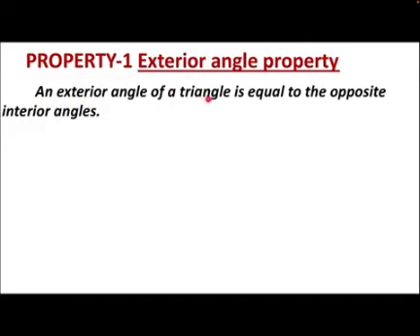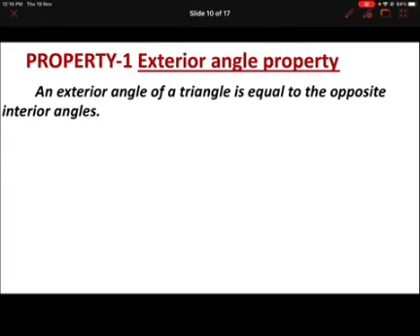An exterior angle of a triangle is equal to the opposite interior angles. Just now we learned what exterior angle is, and we also saw what opposite interior angles are. The property says this exterior angle should be equal to the sum of the opposite interior angles.